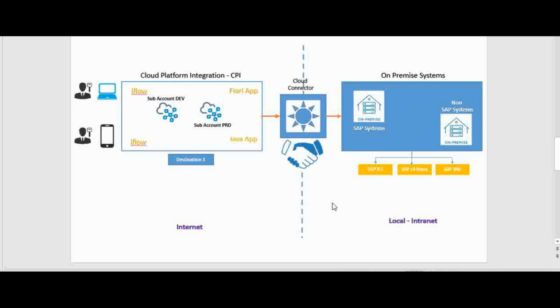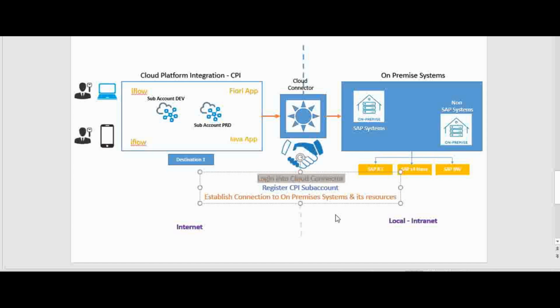I hope you understand now. So in the cloud connector configuration, what we will generally do is, first I will log into the cloud connector using a username and password, and register this CPI subaccount. If I have 3 subaccounts, all 3 will be registered here, and for each subaccount I establish the connection to the on-premises system and its resources.